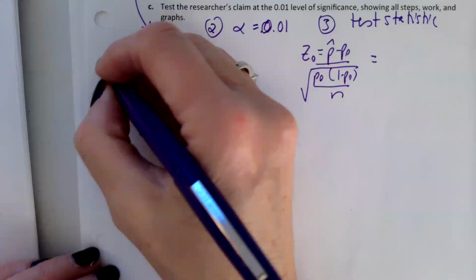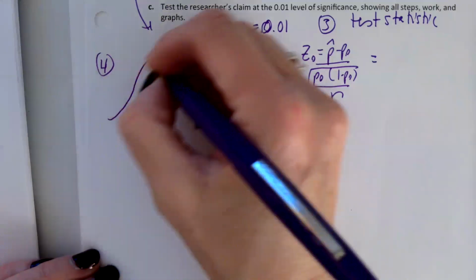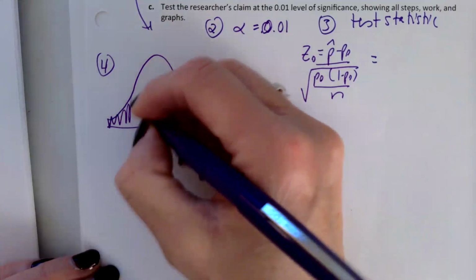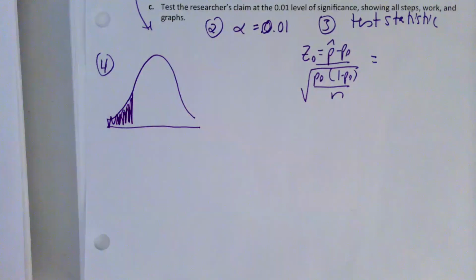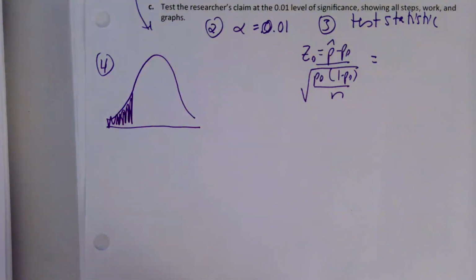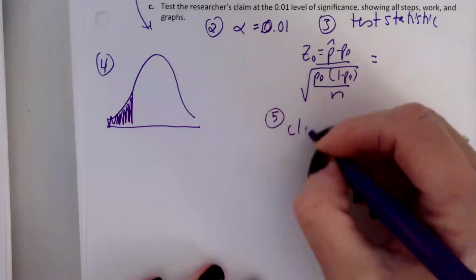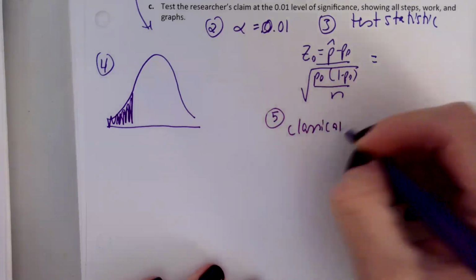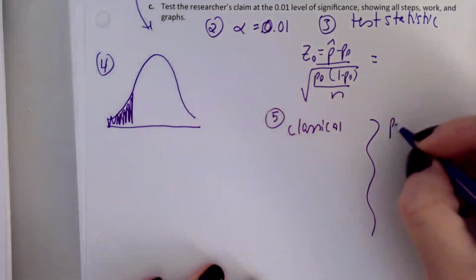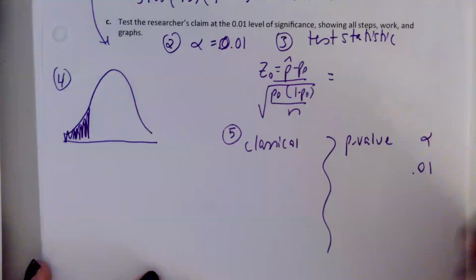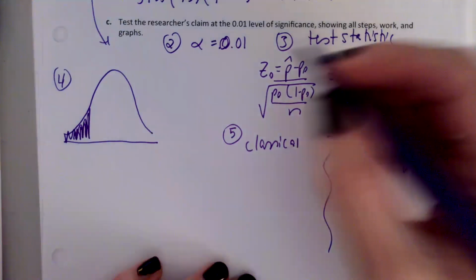I'm just going to draw my picture, and it's a less than, so we're going to be shading over here. And again, we will do the classical method and the p-value method. So I'm just getting it all set up. So let's put in our p-hat. Our p-hat is what they got from the sample.